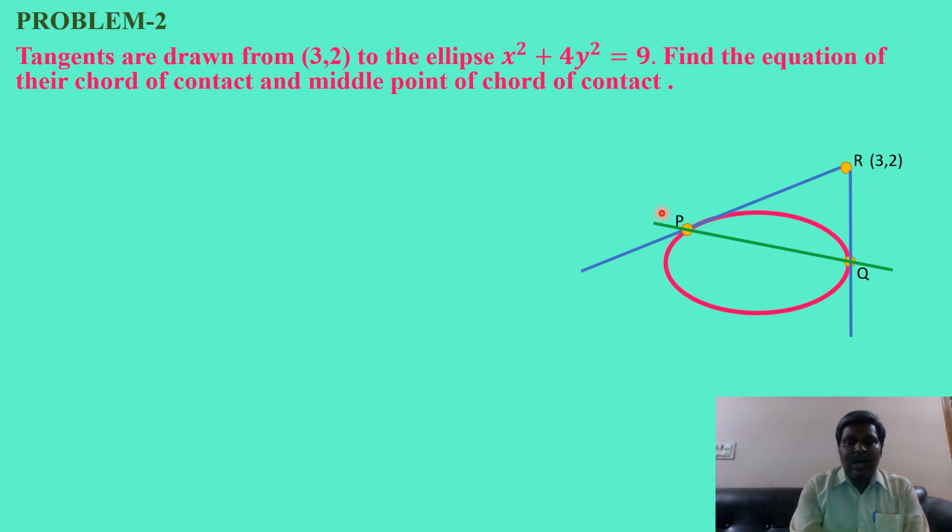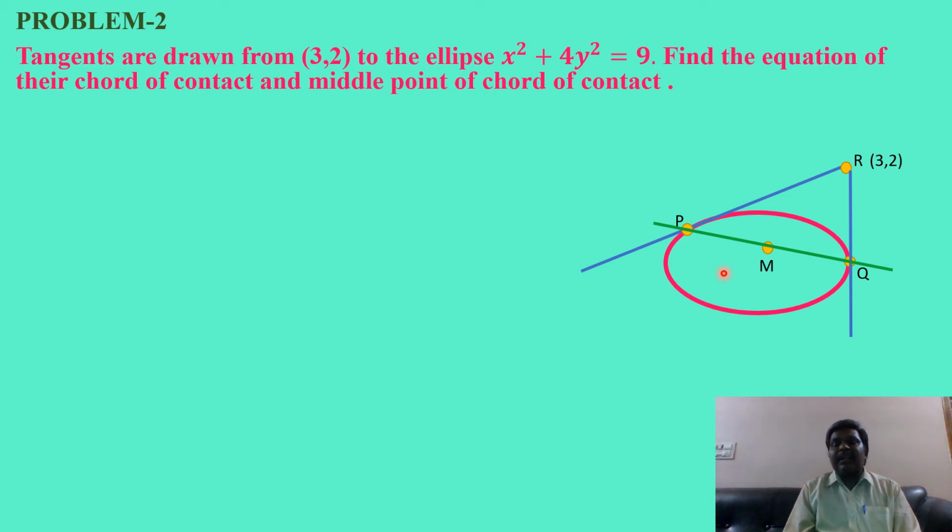After getting the equation of PQ, we also have to find this midpoint. It is the midpoint of the chord as shown in the figure. We have to find it. Call this M. Once you know the chord equation and the ellipse equation, as in the previous question, you solve them together and get their points of intersection. Once you know the points of intersection, you can easily find the midpoint of the chord.